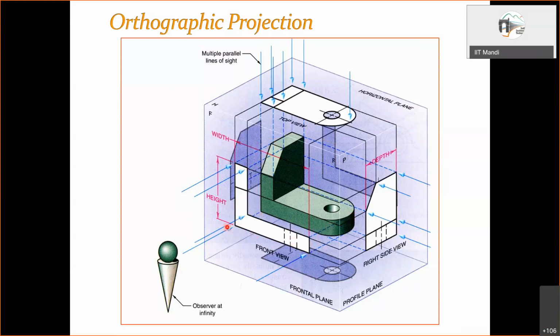So all these are parallel rays which are assumed to fall on the plane to give this view. Okay, so this occurs when we assume that the observer is at infinity. That's why it is particularly referred to here.